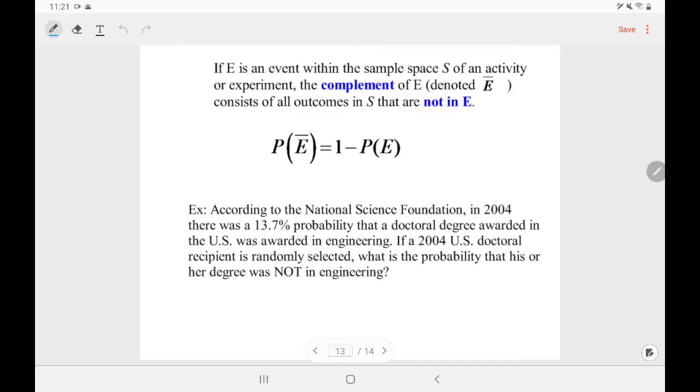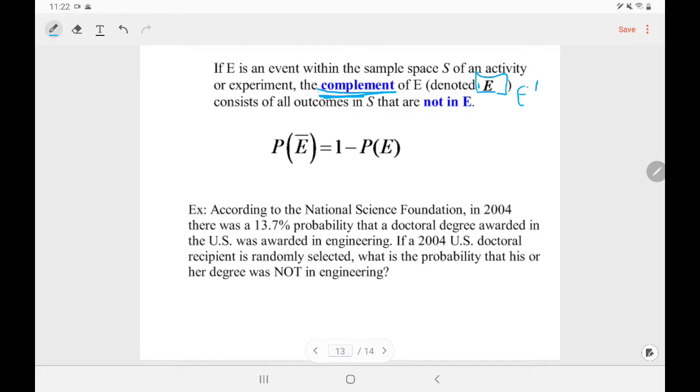One last piece of an example is the following. We use in statistics sometimes what is called a complement. A complement of something uses an E with a bar over it. Sometimes I've seen it with an E with a tally mark by it.